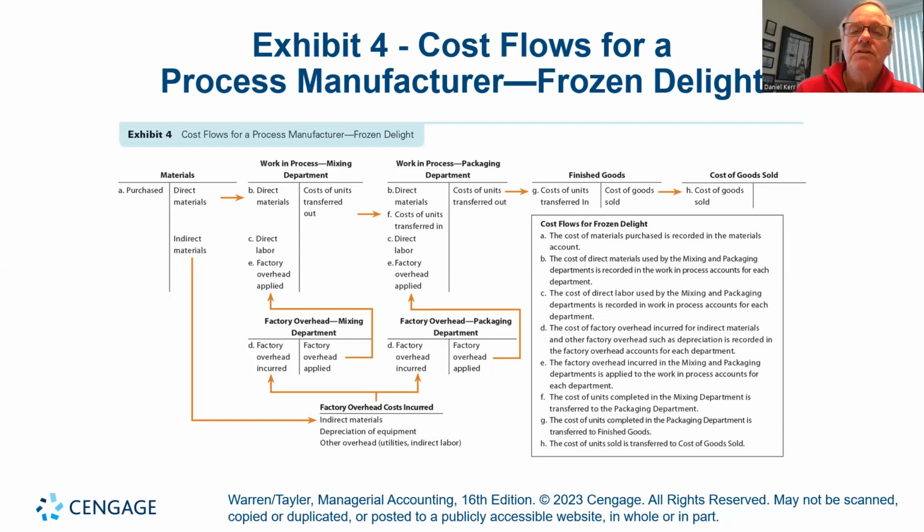And we have indirect materials that become part of factory overhead. So costs are accumulated in the mixing department, and then when the goods are ready to be transferred to the packaging department, they're transferred there. And when they're ready to then go into finished goods, they go out of the packaging department to the finished goods, and then they go from finished goods to cost of goods sold.